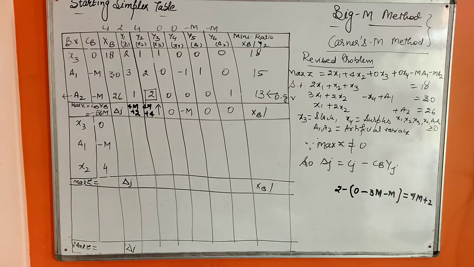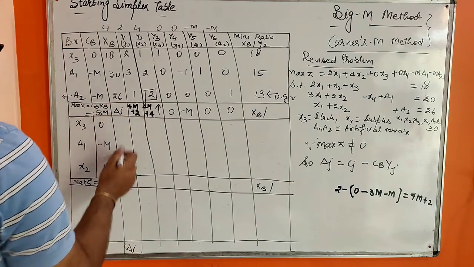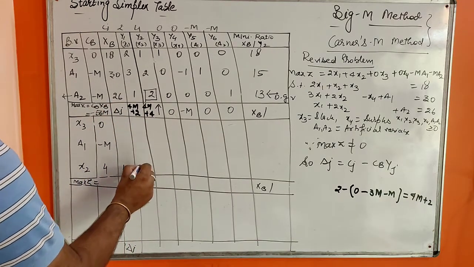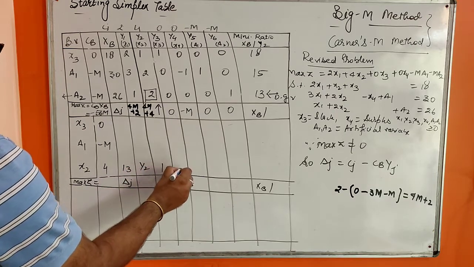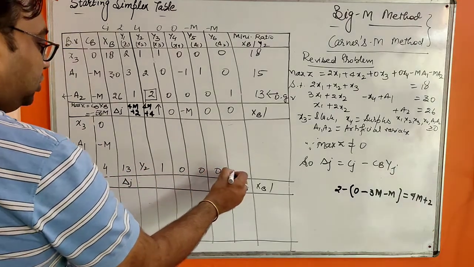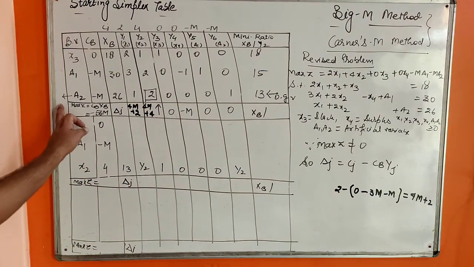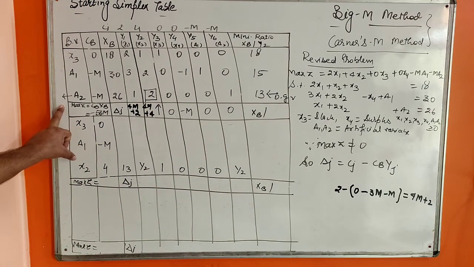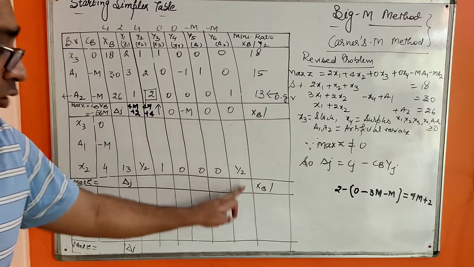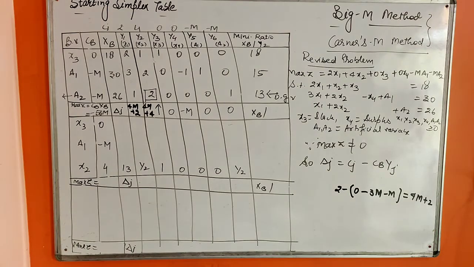Now what do we have to do? We have to divide the entire key element row by the key element. So 13, 1 by 2, 1, 0, 0, 0, and 1 by 2. Now see, this A2 is outgoing, so we need not calculate any value for A2.